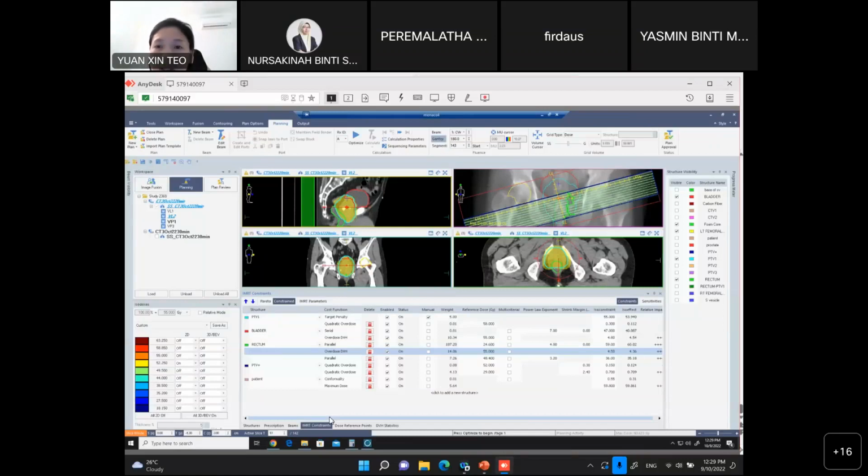This is very simple for them to learn, until they understand all these cost functions and practice creating plans, until as seniors we confirm that he or she is able to generate a good plan. Then only we go to the next step where there are a lot of OARs, for example head and neck cases.